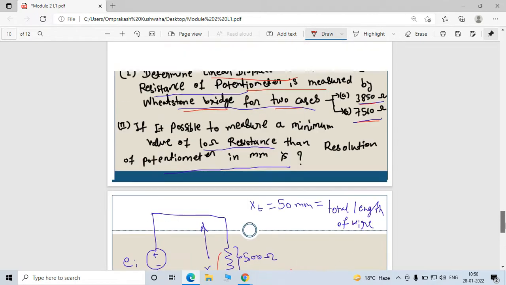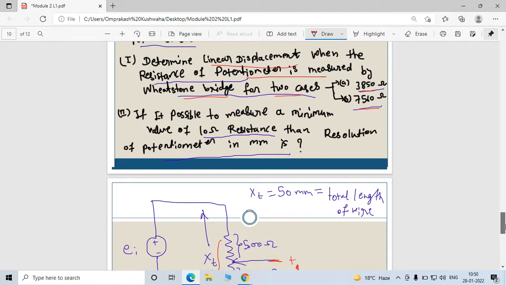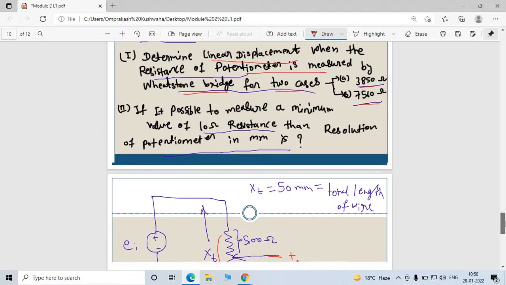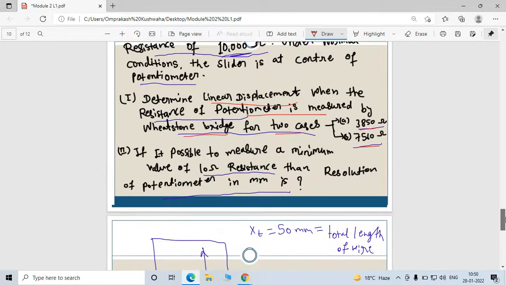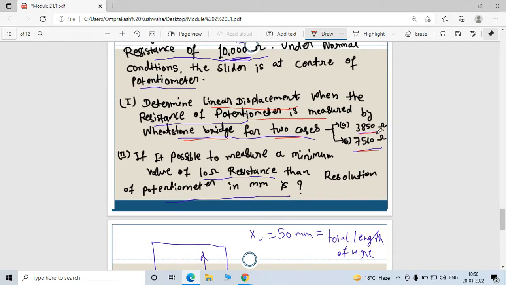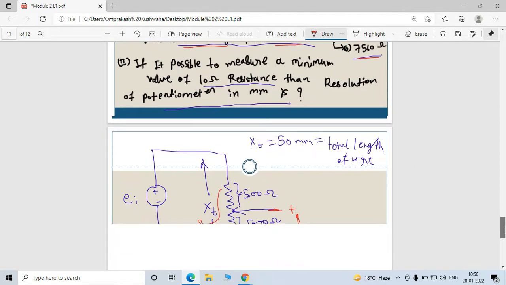Now first of all, use this 3850 ohm resistance.